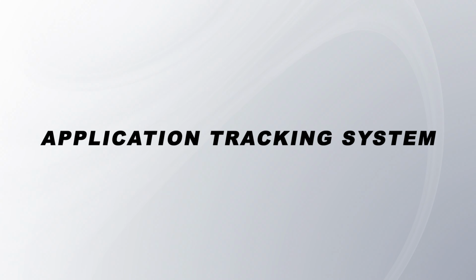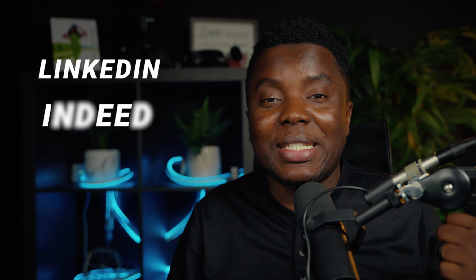So an ATS system basically means an application tracking system. And what that does is, whenever you put in an application through any sort of website, either LinkedIn, Indeed, Monster.com, whatever, right? Or if you apply directly through the company website, it goes through this particular system that they call an ATS system, which is the application tracking system. It's going to start handpicking the resumes that people applied with.